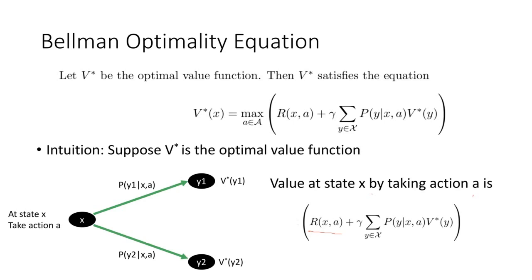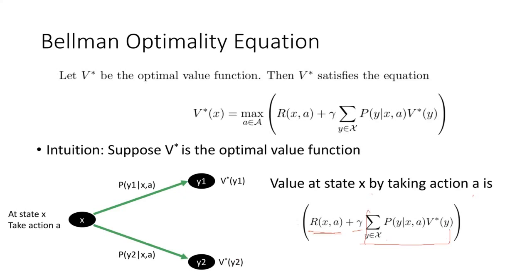For the next state, there will be the value corresponding to the optimal value function. But the next state is random. So instead of calculating the exact value, you want to calculate an expected value there. So the value corresponding to the state X by taking an action A is the current reward plus gamma times the expected value corresponding to the next state.